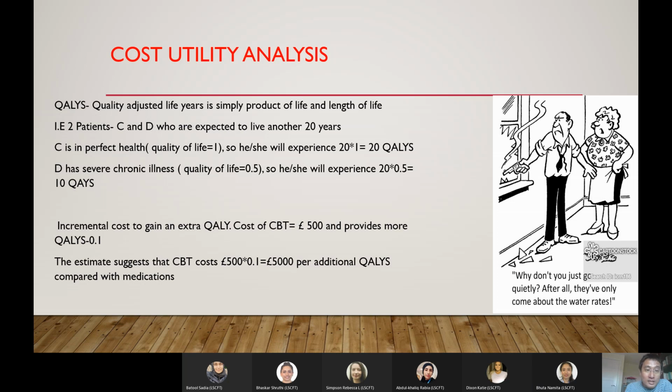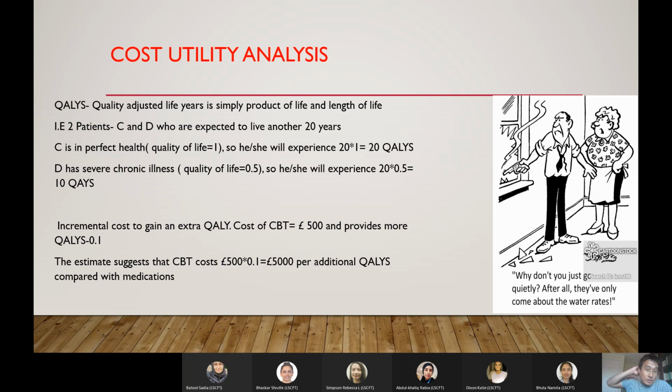But instead, what they tend to do is they just multiply. So they will give you a quality value of 0.1 and they will give you a money value and ask, calculate the incremental cost per gain, which is quality utility. So in MCQ, you just multiply these two, which will give you the incremental cost per extra QALY.